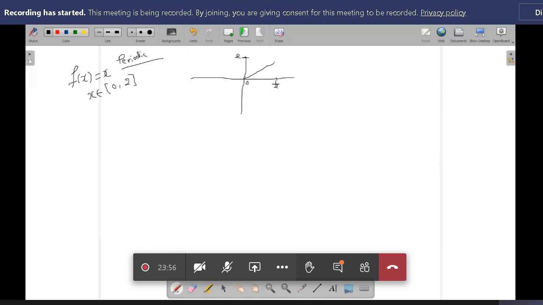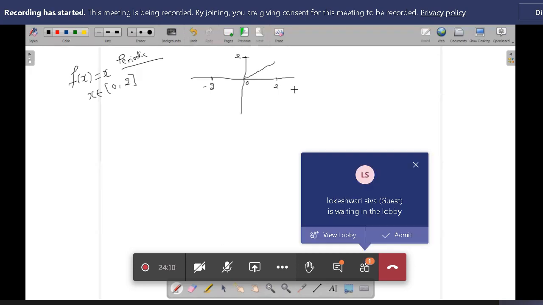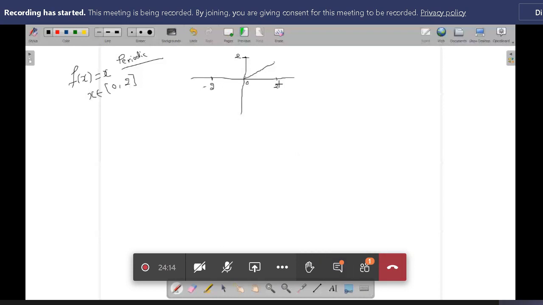I want to extend this function over a full range, so when I say full range, it has -2 to 2. In the -2 to 2, I can extend two ways: one is odd periodic extension or even periodic extension. In other words, I can extend this with an odd function or an even function.